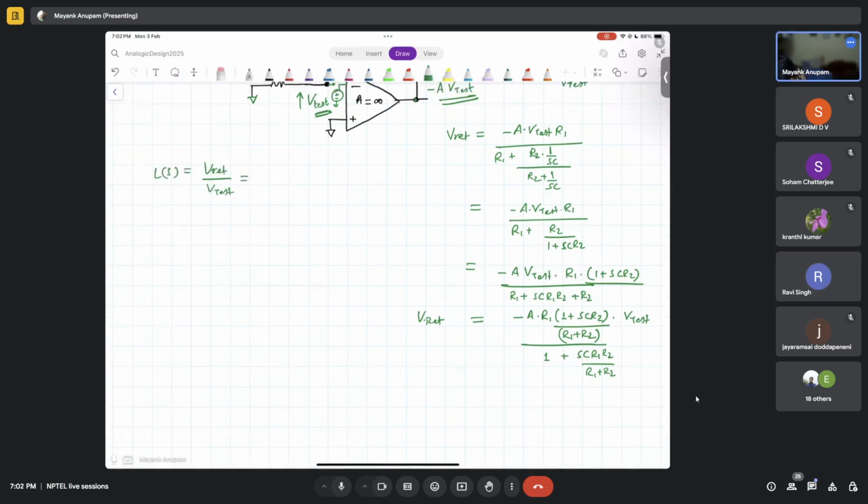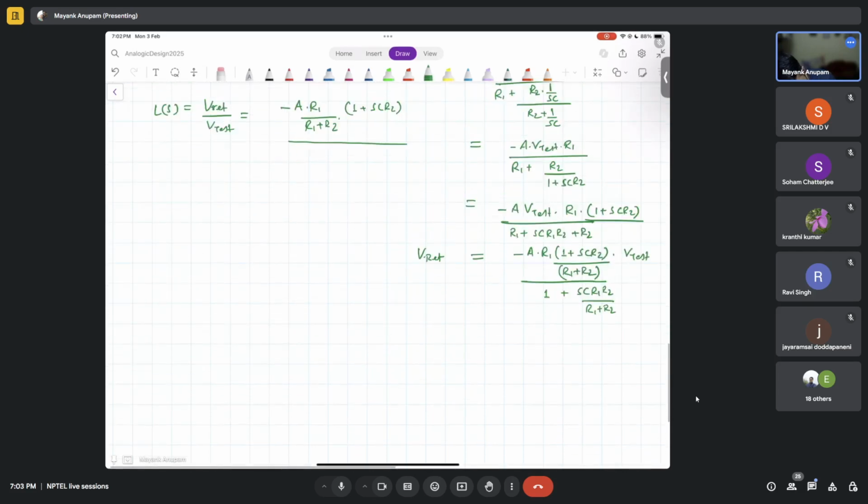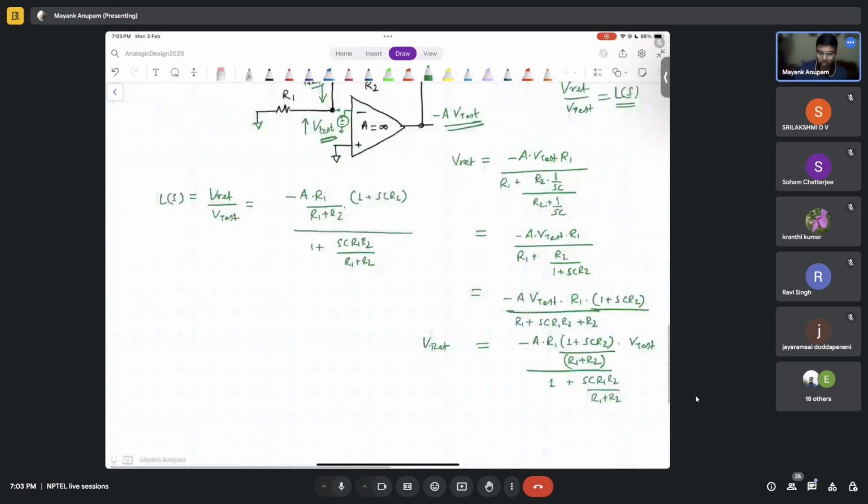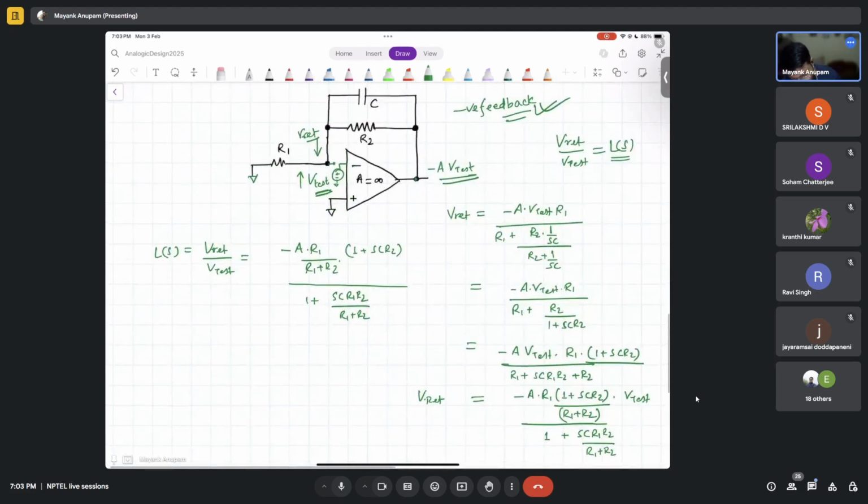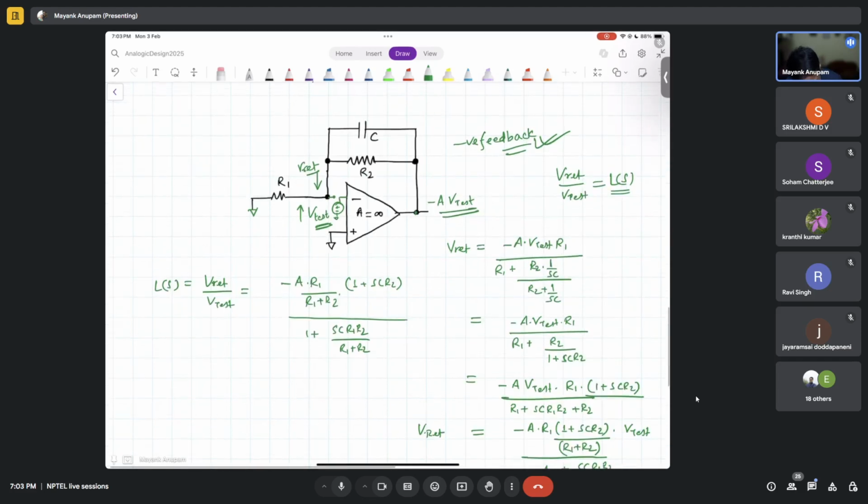Minus A times R1 upon R1 plus R2 into 1 plus SCR2, divided by 1 plus SC R1 R2 divided by R1 plus R2, right? So tell me what do you see here? So what is the loop gain?